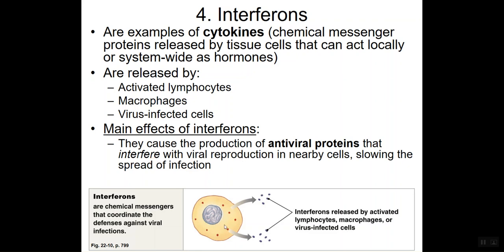So looking at the picture down here, this cell is releasing little interferons. They will travel to nearby cells and cause those nearby cells to produce antiviral proteins, kind of protecting nearby and slowing the spread of the viral infection. It won't completely stop a viral infection, but at least it slows it down by protecting some of the most nearby or closest cells.